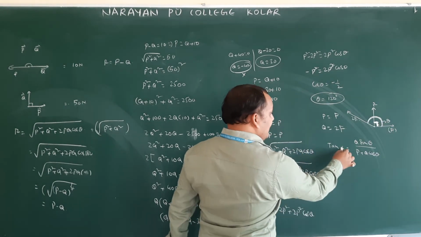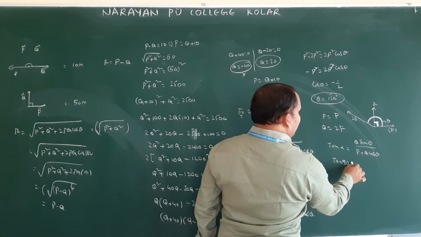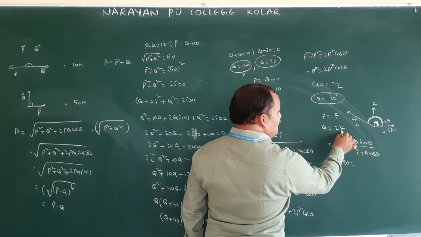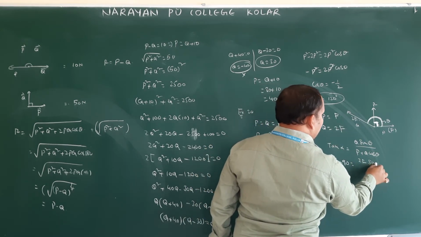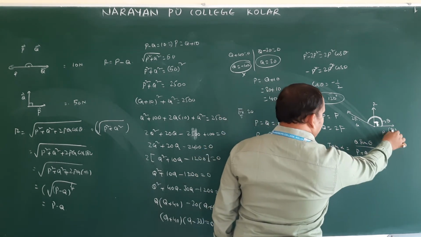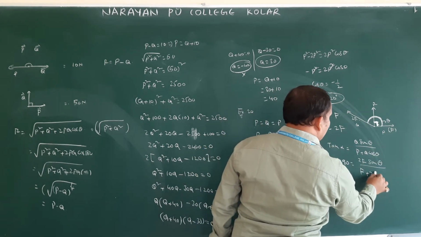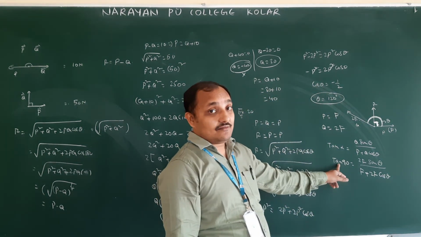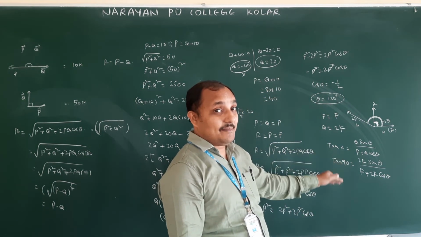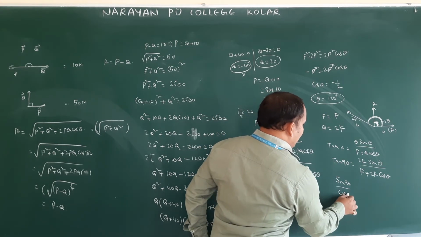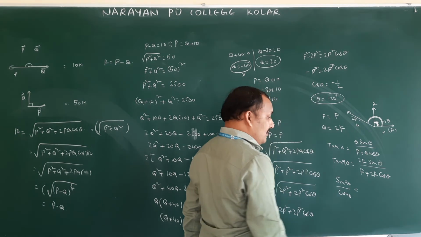Therefore, tan alpha value here is 90. Tan 90 is equal to, this is P, this is Q. Q value here is 2F, so 2F sin theta over P value F plus 2F cos theta. So tan 90 means sin 90 by cos 90, which in mathematics you already came to know.